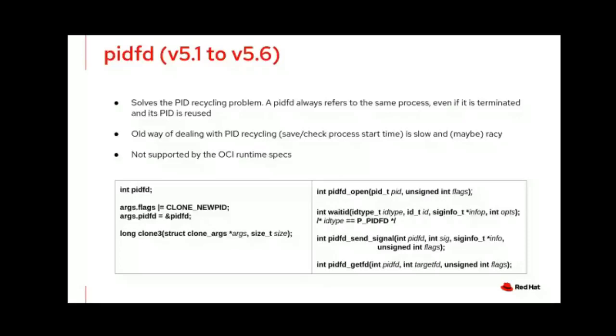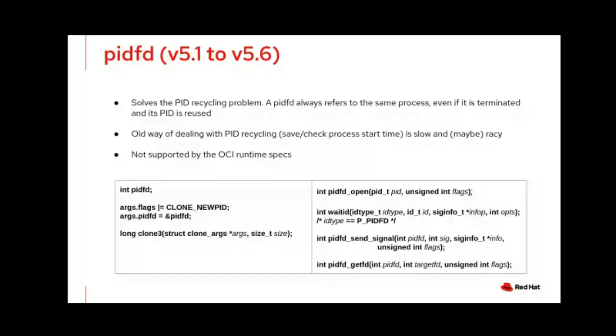Even if you do it, there might be a race sometimes. So what pidfd allows, if you do the clone and you put this CLONE_PIDFD flag into the arguments, then you have the pidfd returned, and then you can refer to it later.